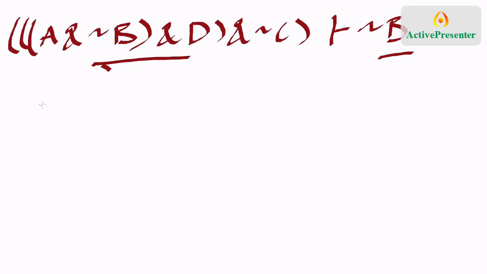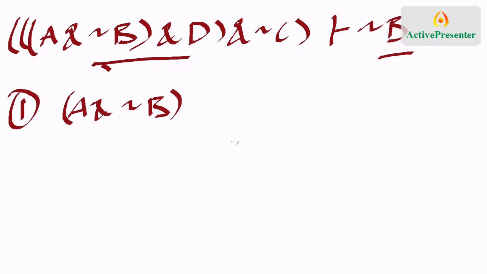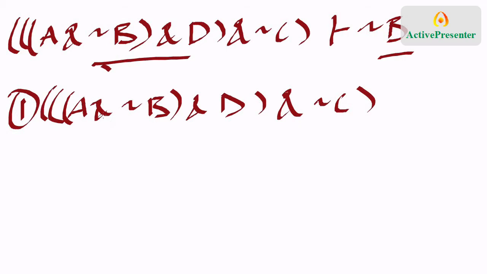So if we're going to write this out as a proof, this is our first line, and we cite the line with an A for assumption.